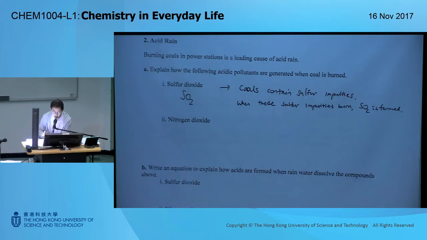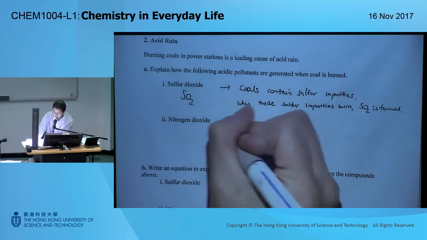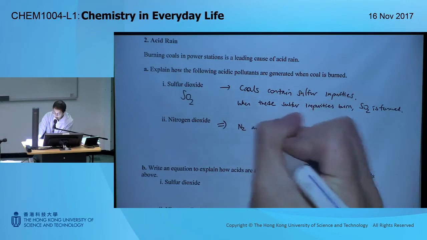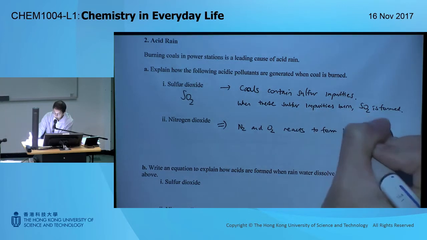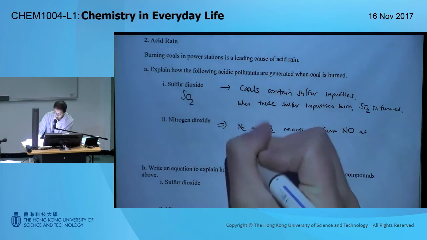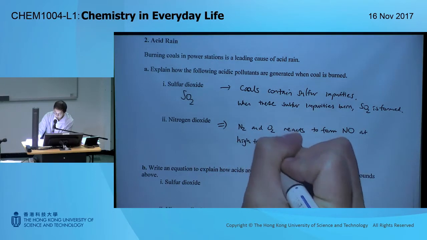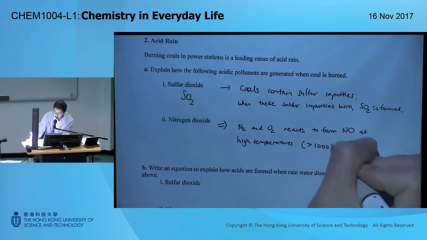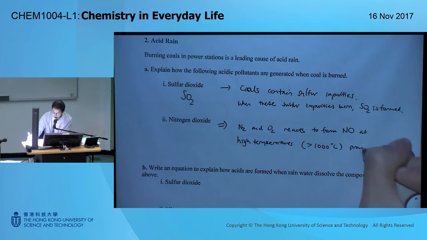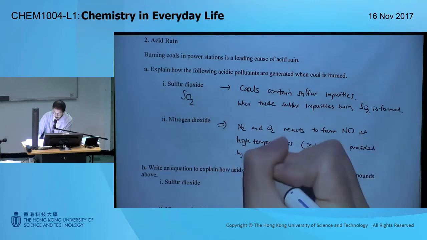For the nitrogen dioxide, it is not quite that there is nitrogen impurity in the coal, but instead it is a reaction that happens between nitrogen and oxygen in the air when you have a high temperature, greater than 1000 degrees, which is provided by the burning of coal.